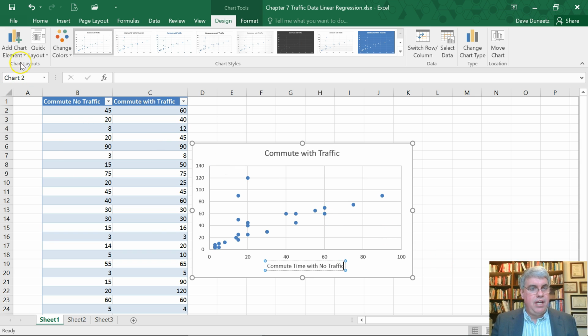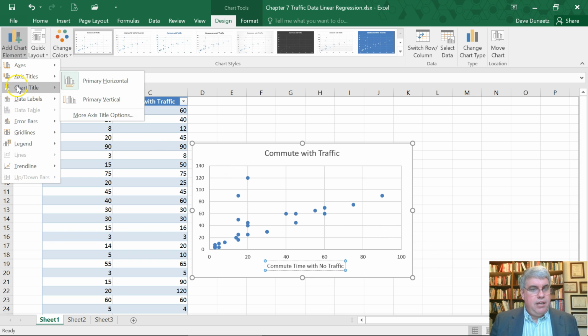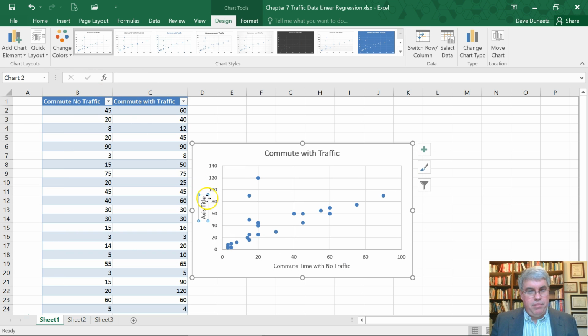And let's go and add a axis title primary vertical, and this will be commute time with traffic. We'll always want to label the axes so we can tell what's going on.